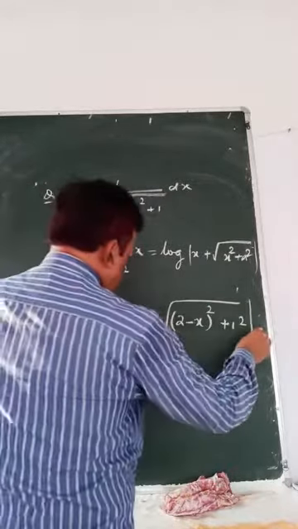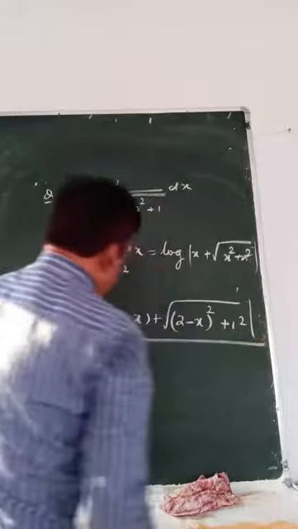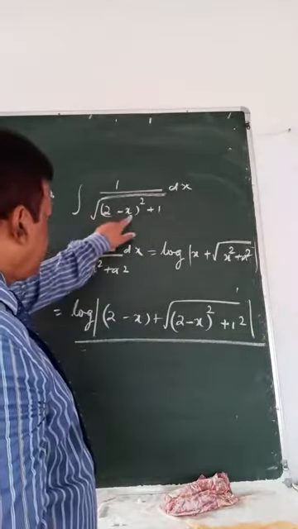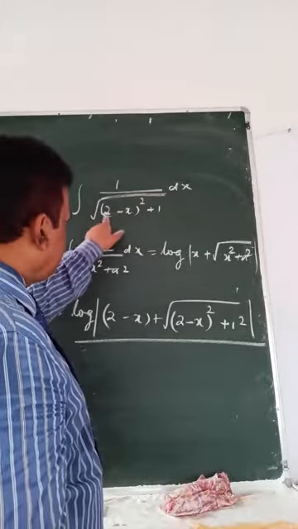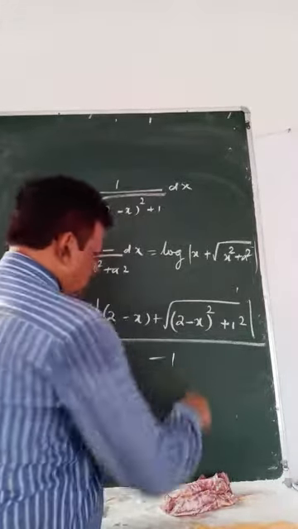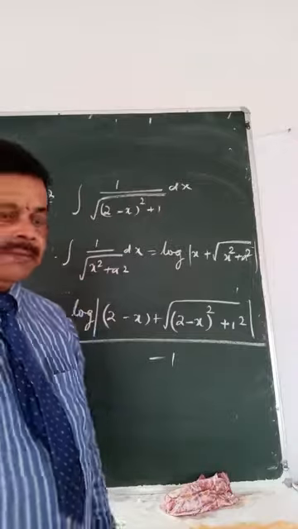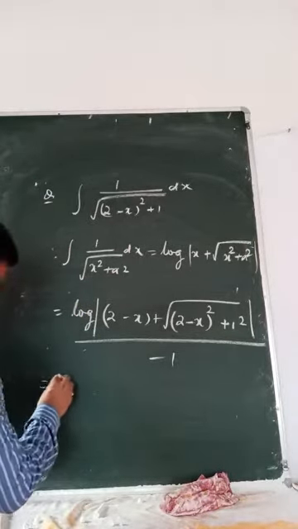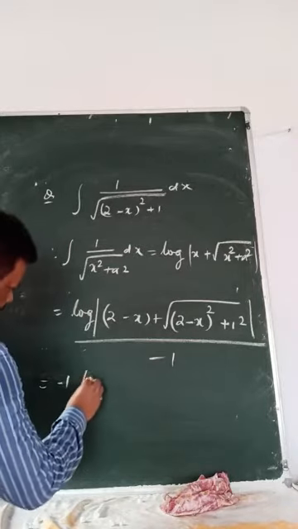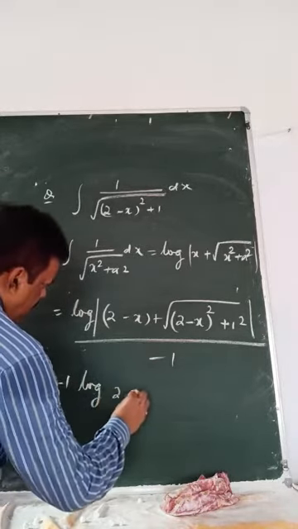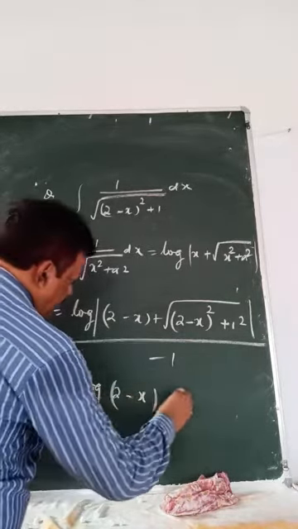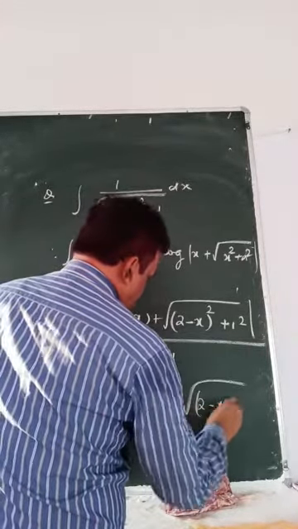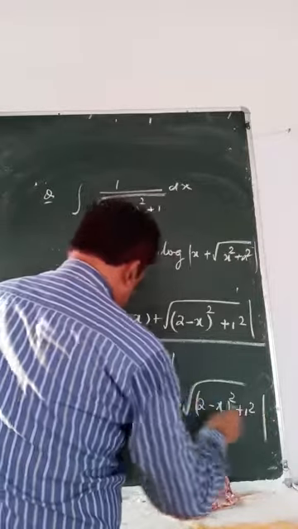But don't forget, in place of x you have got 2 minus x. So the derivative of 2 minus x is minus 1. Okay? Then this minus 1 I can write here: minus 1 log of 2 minus x plus root over 2 minus x whole square plus 1 square.